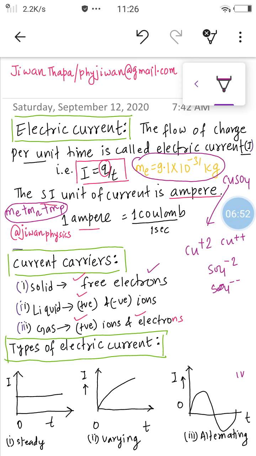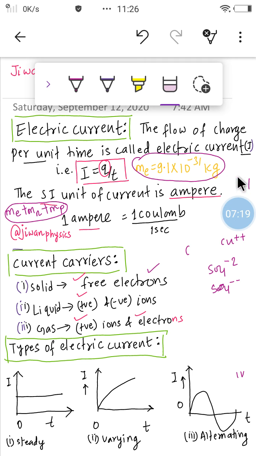Now when external electric field or potential difference is applied, the positive and negative ions move, giving rise to electric current. Hence, in case of conducting liquid, positive ions and negative ions are the current carriers. Clear? So let me erase it.